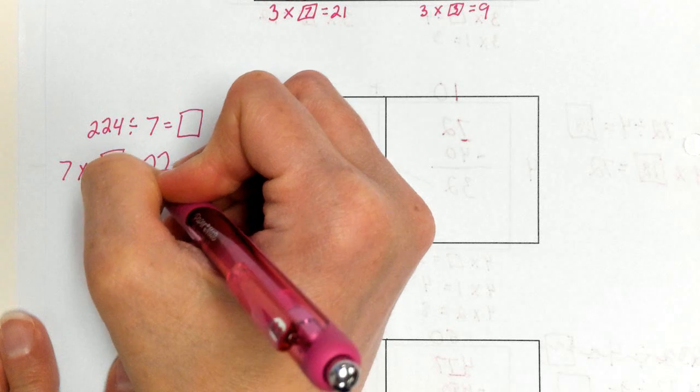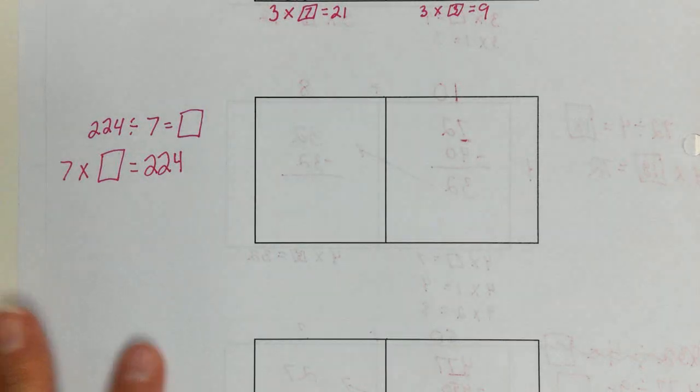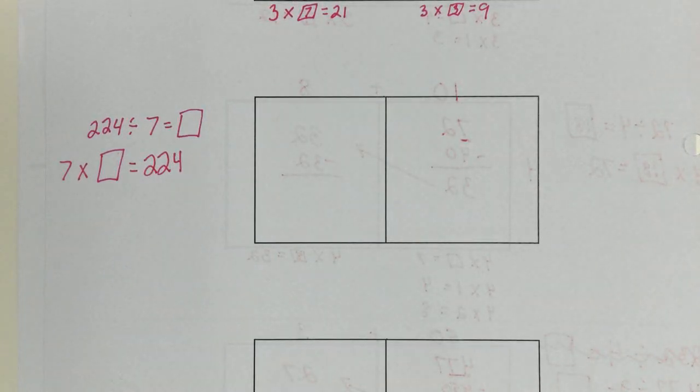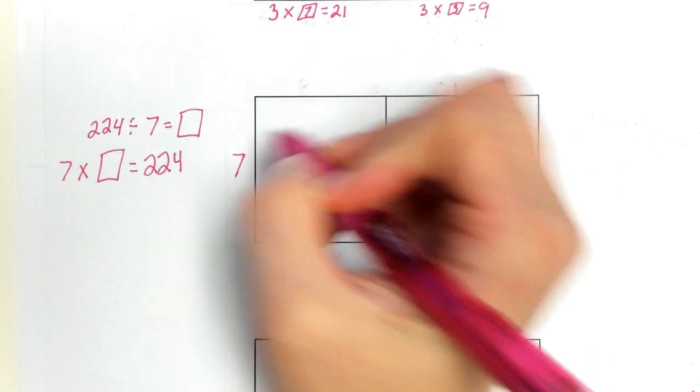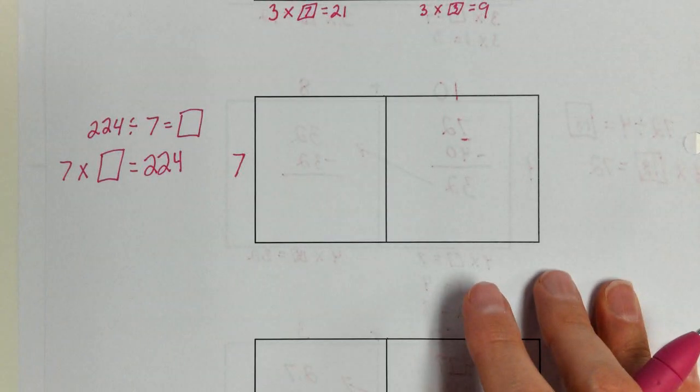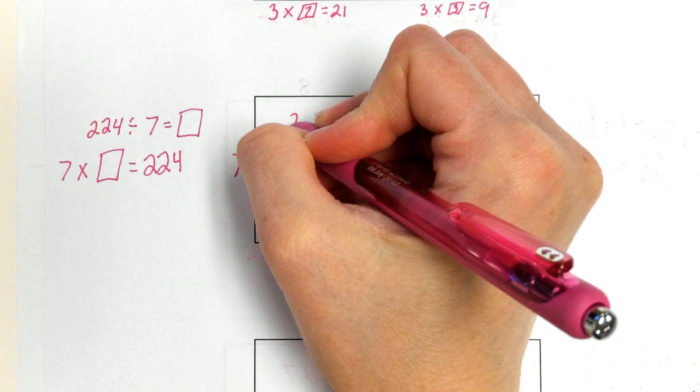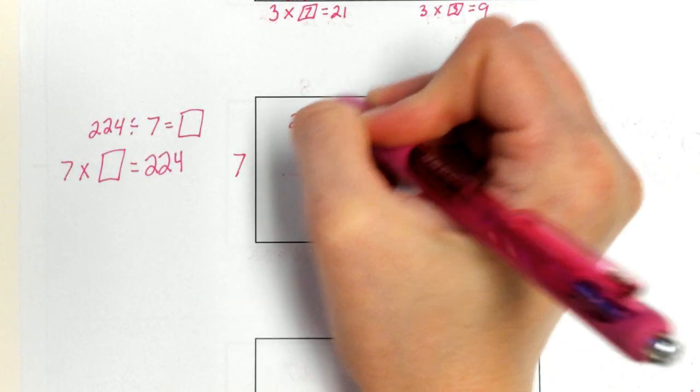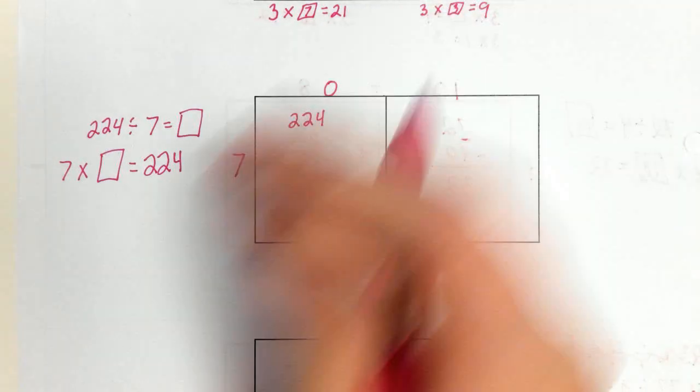Good. 7 times a mystery number equals 224. So, Angel, how am I going to set this up? All right.